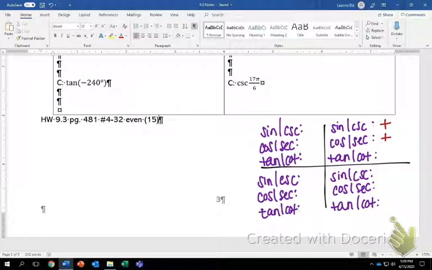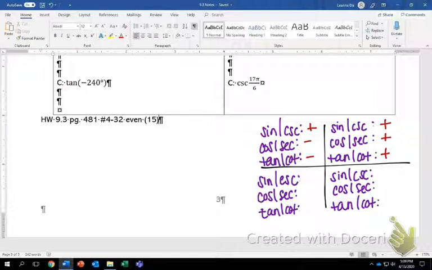And then when you do the sine over cosine for tangent, that's positive over positive, so our answers are going to be positive. When we go into our second quadrant, our y values are still positive, but our x values are negative. So when we do our sine over cosine, our tangent is negative.